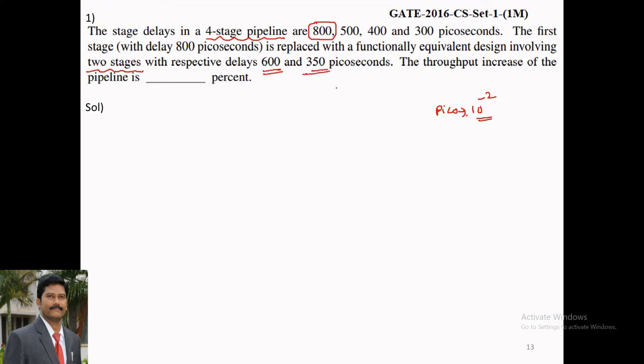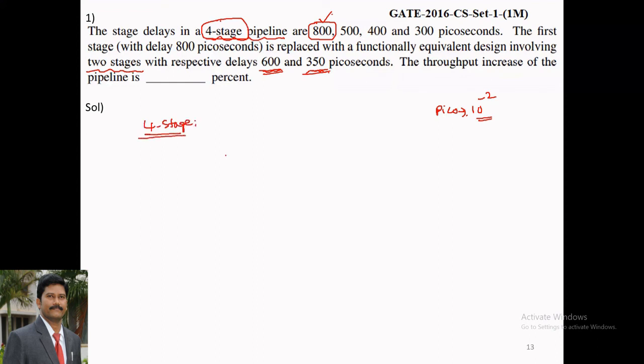Here non-pipeline is not given, only pipeline. Previously a 4-stage pipeline was there. Now it becomes a 5-stage pipeline, because this stage is divided into two parts, which take 600 picoseconds and 350 picoseconds. Now the throughput increase of the pipeline. First, consider the 4 stages.